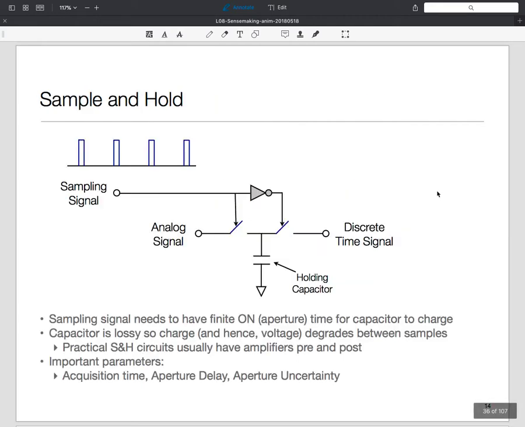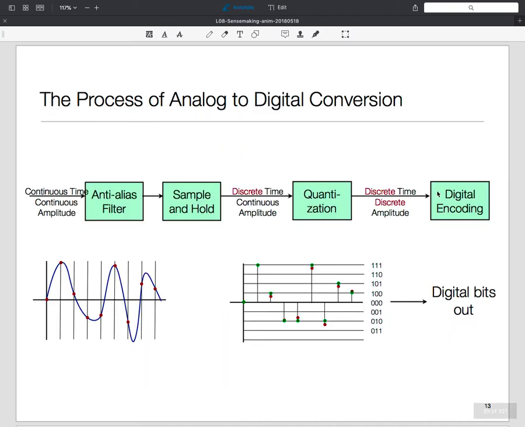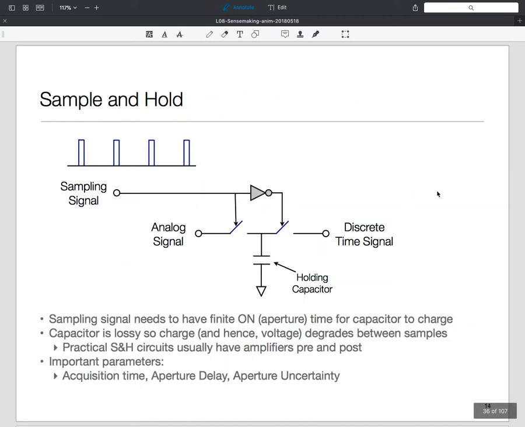The sample and hold is the first stage here. All that happens here is the following: there is a switch which turns on and connects the analog signal to the capacitor, so that the voltage here charges the capacitor.